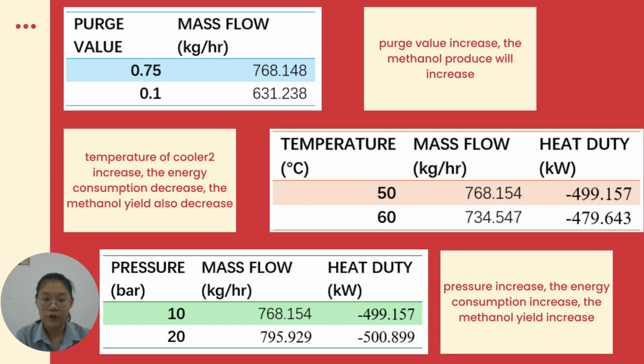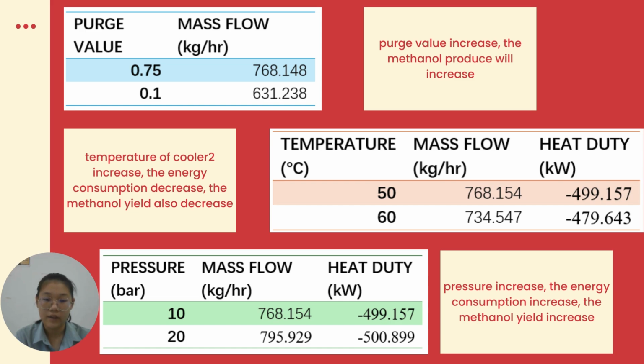The last one is pressure. We change the pressure of the separator, valve, and also the cooler 2 from 10 bar to 20 bar. And the mass flow increased from 768.154 to 795.929.